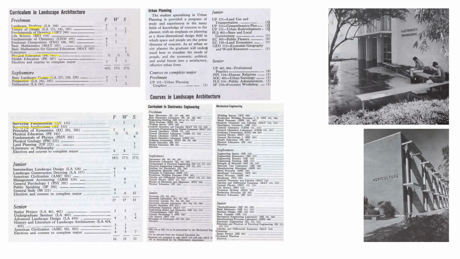There's land planning, there's philosophy, there's management and general psychology, soils and this sort of thing. There's history and literature of landscape architecture, American civilization, and then of course there's the elements of urban design.